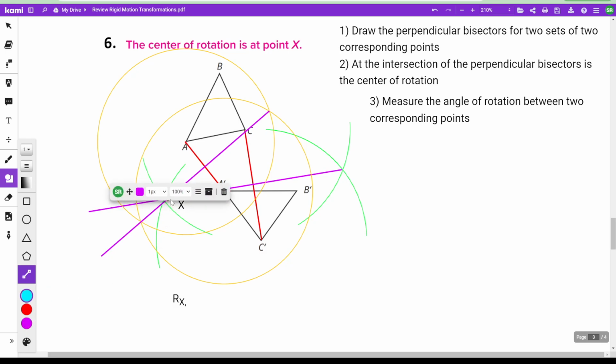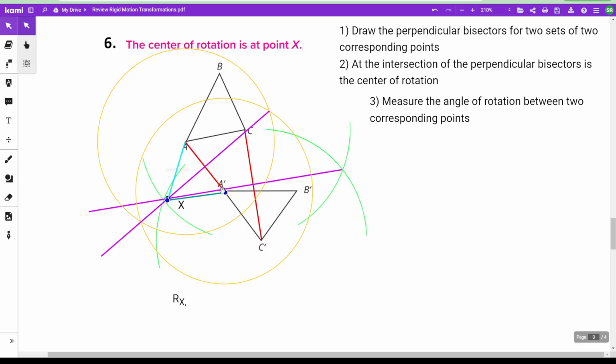So here I'm going to use baby blue, and I'm going to draw a line from A to the center of rotation, and then a line from A prime to the center of rotation. I know there's a lot of lines here, bear with me. I'm actually going to make this line to A a little bit longer, and you'll see why in just a moment.